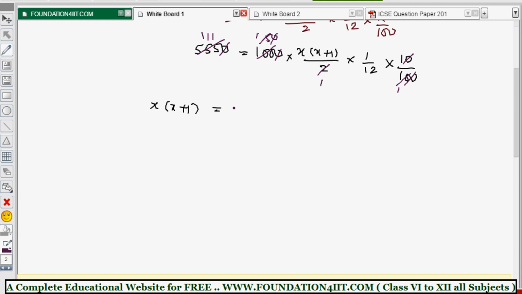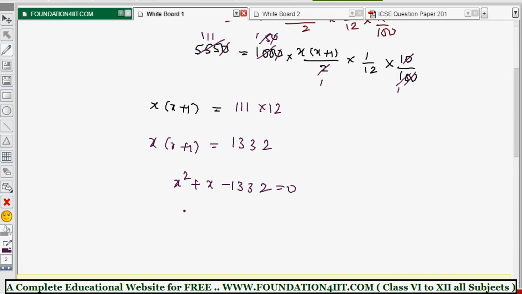So finally X into (X plus 1) is equal to 555 into 12... now this is 1332. Okay, 11 and 11 to 12, that is X into (X plus 1). So X square plus X minus 1332 is equal to 0.